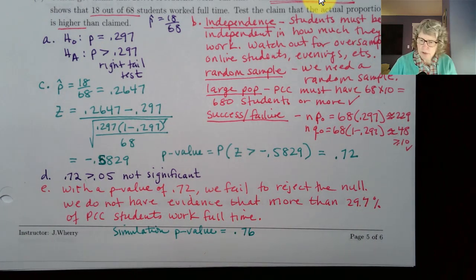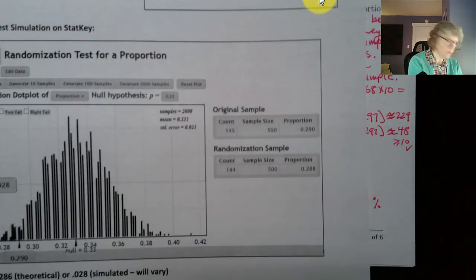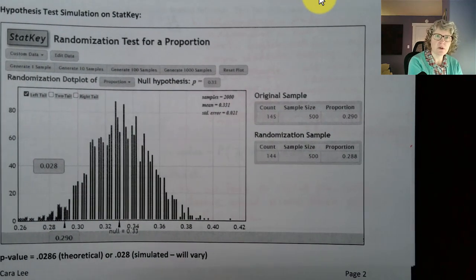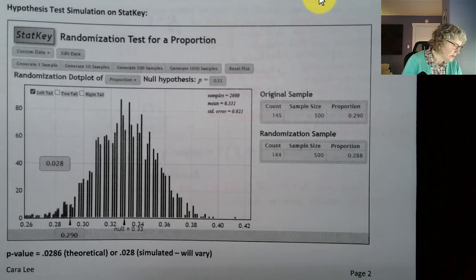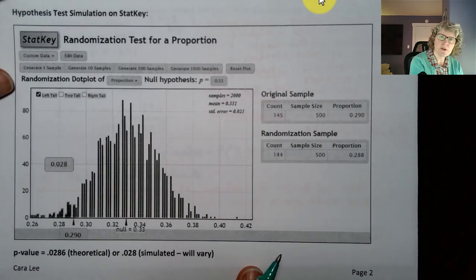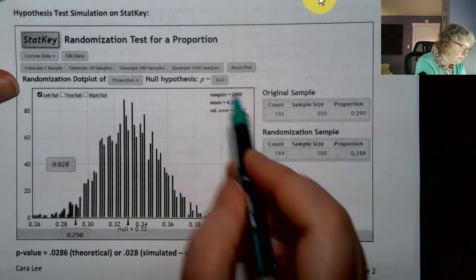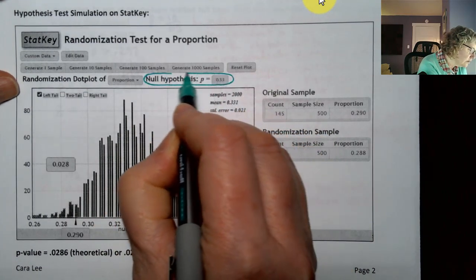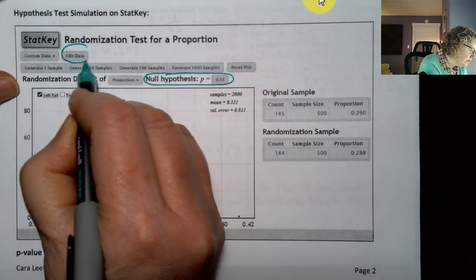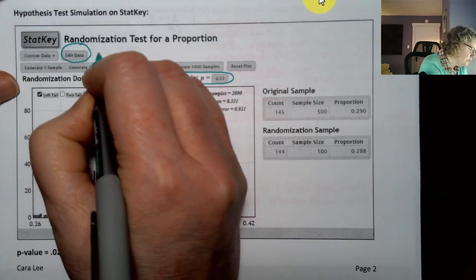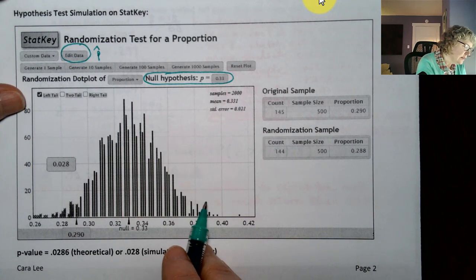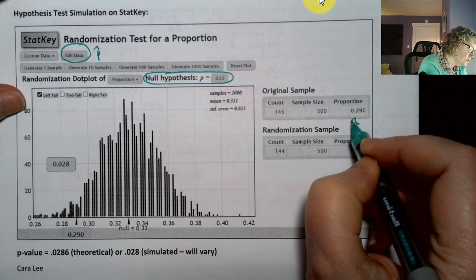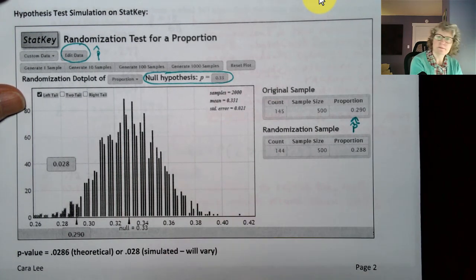Okay, great. And then I just want to show you, even though it's not the same problem, on the note reference sheet, I've got an example for you here. So let's just circle the things you need to enter. You need to put in your null value right here, and then you need to edit your data, and that's where you put in your p-hat, and this also shows you your p-hat right there.